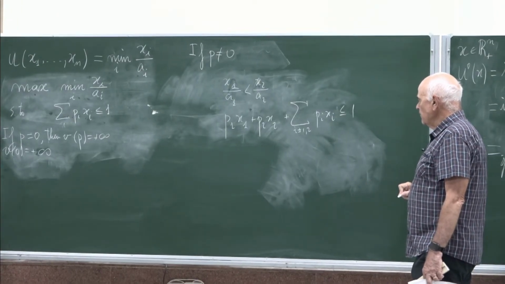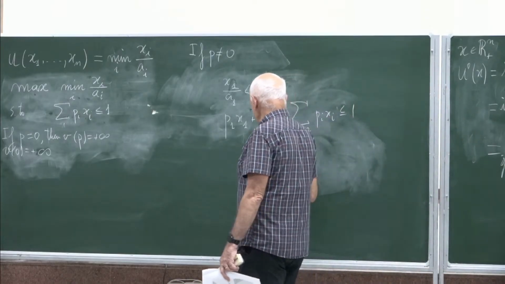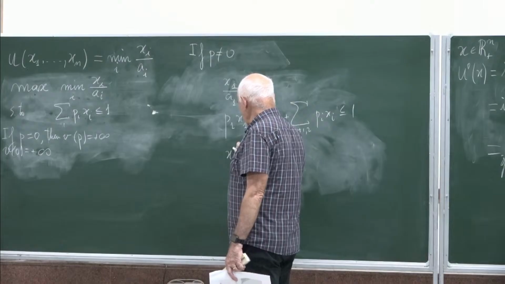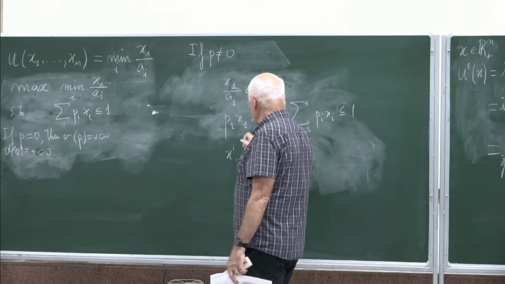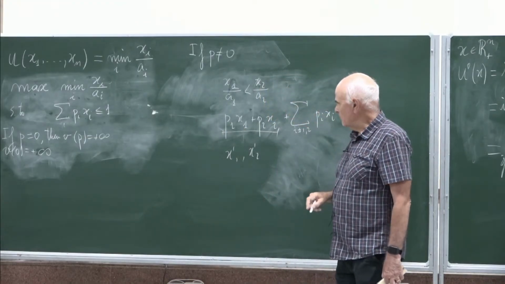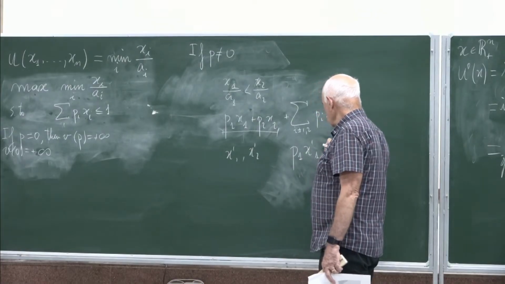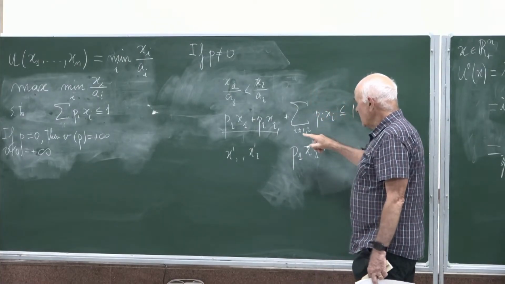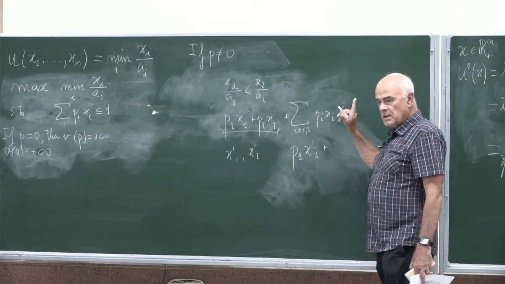But then I can find x1 prime and x2 prime such that this does not change. These are the only values I change in x. These ones, I keep them the same.